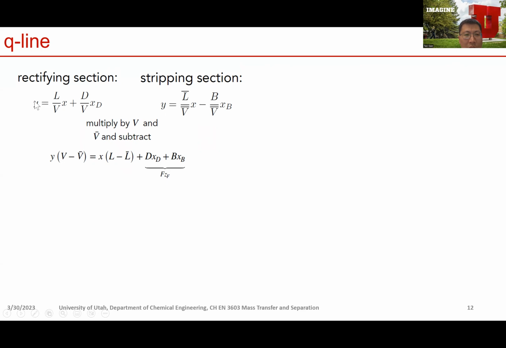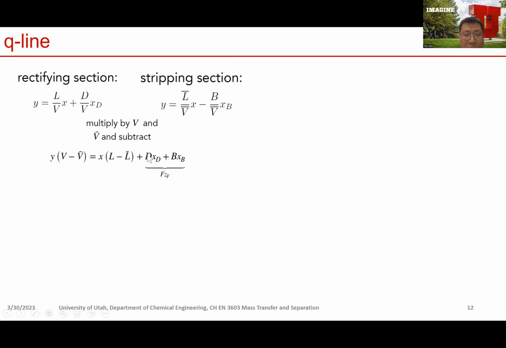On the left, we have y multiplied by V minus y multiplied by V bar. That gives us y times the bracket V minus V bar. On the right, we have x multiplied by L minus L bar, plus DxD, plus BxB, right?